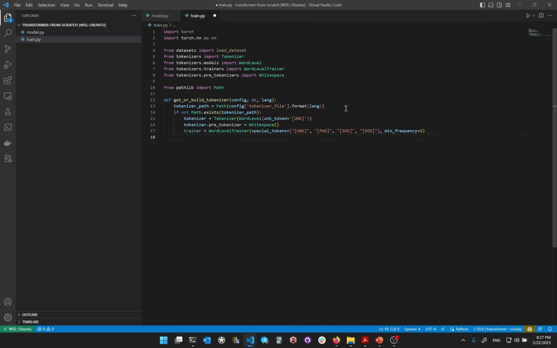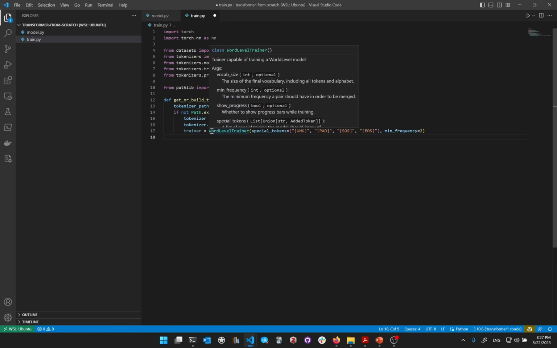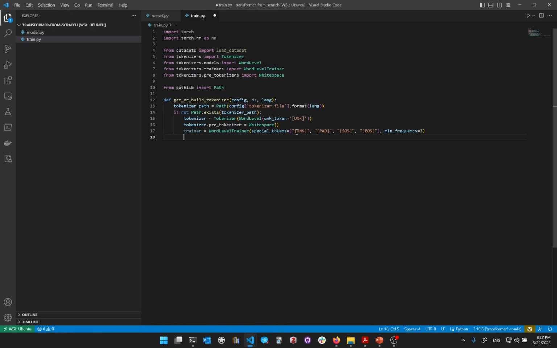Okay, this is the trainer. What does it mean? It means it will be a word level trainer, so it will split words using the white space and using the single words, and it will also have 4 special tokens. One is unknown, which means that if you cannot find that particular word in the vocabulary, just replace it with unknown. It will also have the padding, which we will use to train the transformer, the start of sentence and the end of sentence special tokens.